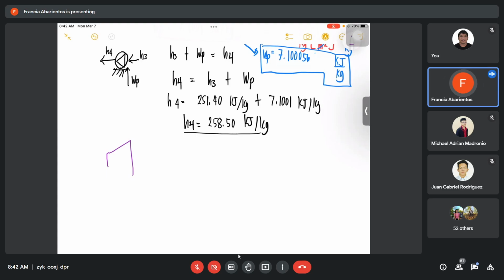Pag hindi nyo alam, i-draw nyo na lang. Entering, leaving. How do you get the work of the turbine? Work now of the turbine is H1 minus H2. From your energy equation, what is the H1?